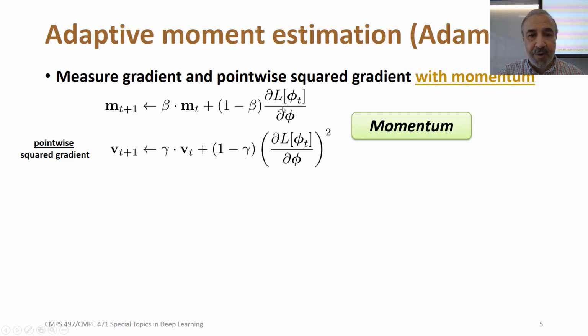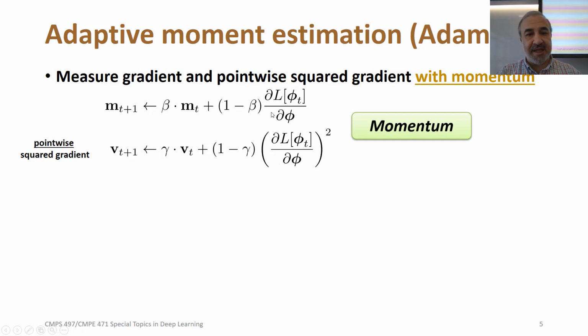This equation is the same as the one that we saw in the previous lecture, with the momentum. Now it's applied here again, exactly the same, but also for the squared gradients, we do the same.